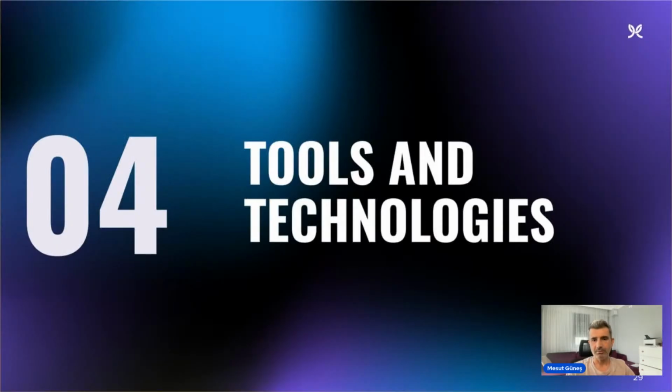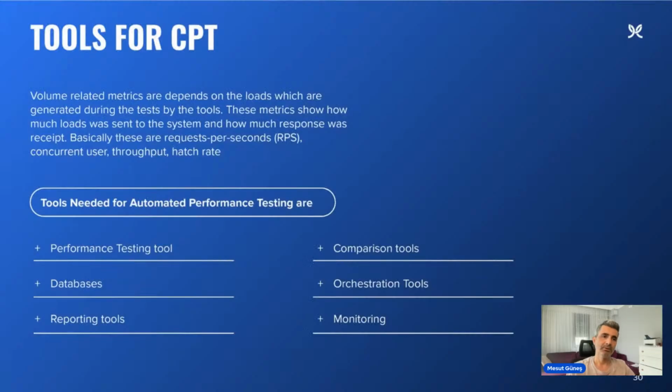So let's talk about tools and technologies. I think I have just around 10 minutes, and then I will complete it. Whenever I talk about performance testing, I need to talk about performance testing toolings. In the market, we have a lot of paid and open source performance testing toolings. What we need for continuous performance testing is performance testing toolings, databases, and reporting toolings.